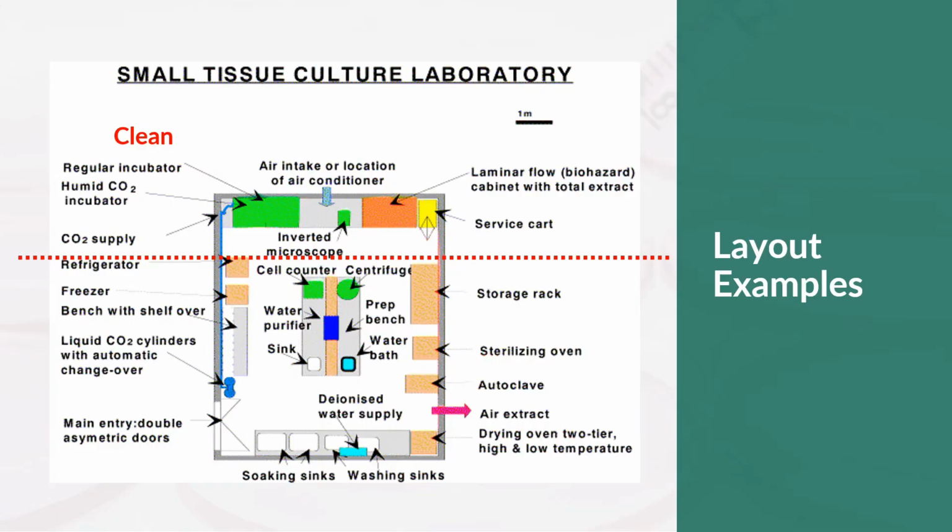Your wash up and sterilization facilities are on the other end of the room. In between the clean and the so-called unclean area, you can have your storage or incubator, and also some preparation tables for you to prep things before you go into the cell culture hood.